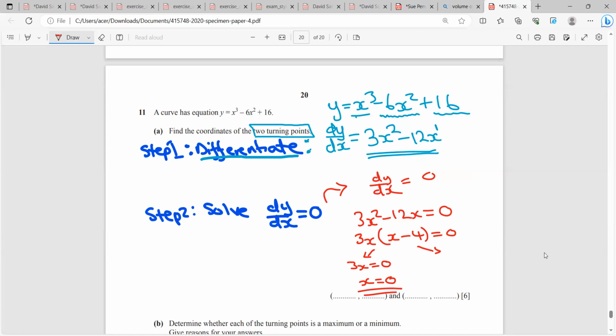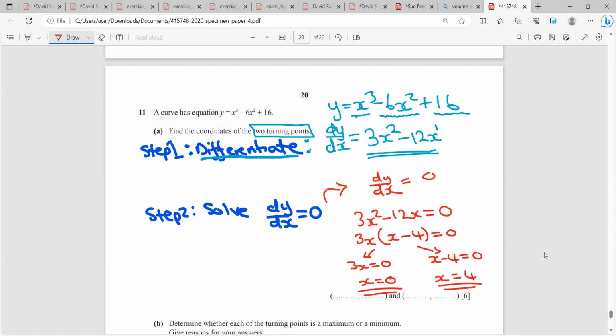If you get lost, please just tell me and I'll take it slow. And then on the right-hand side, we have x minus 4 equals 0, and our x is going to be 4. So we have our 2 x values. Are we together? Yes, sir.